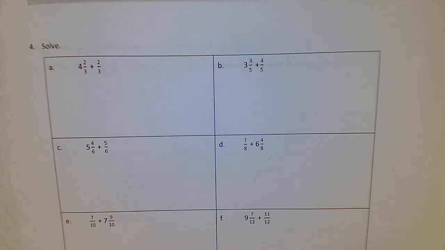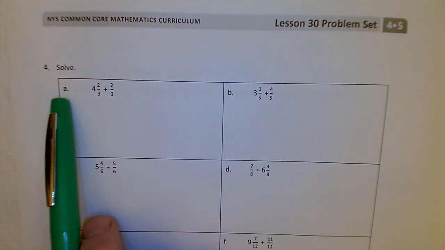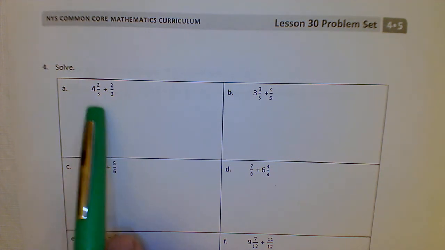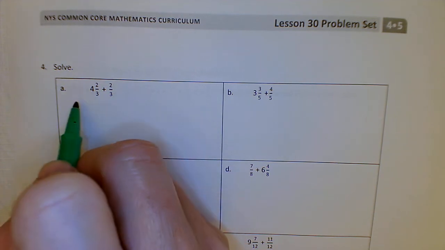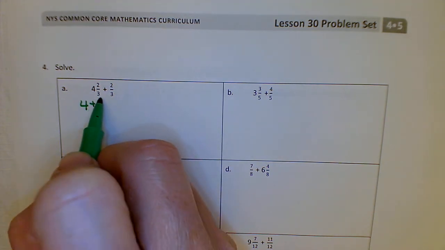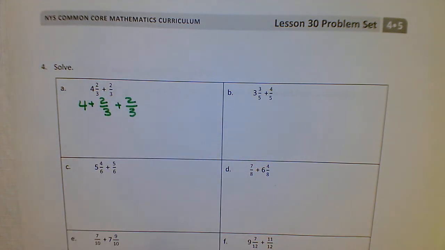So in the problem set, in question 4, we're going to take a look here at the first one. It says 4 2/3 plus 2/3. So again, what I want you to do is think of this as being 4 and 2/3 plus 2/3. And again, you can do this whatever way you are comfortable.